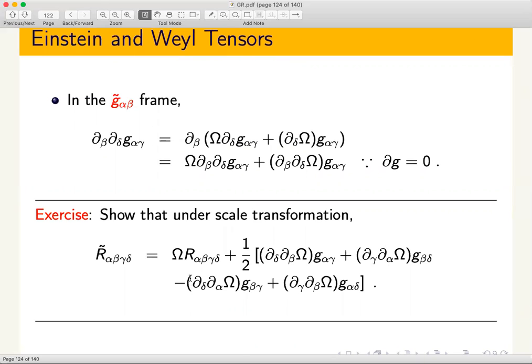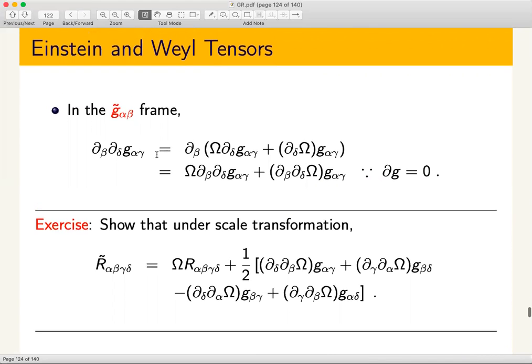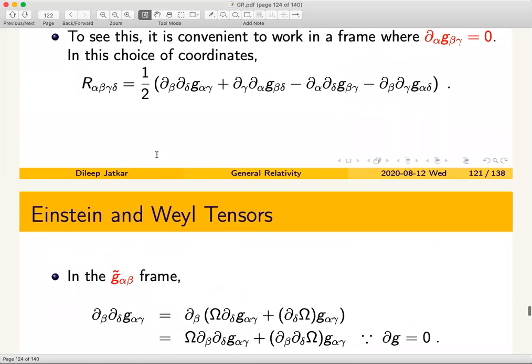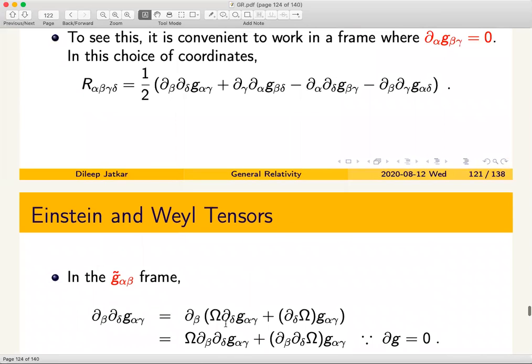Now it's not very difficult to guess that the first term would be like this, simply because when you look at this expression and plug it back into the Riemann tensor form, the first term on the right hand side is omega times the same kind of piece, but instead of G tilde, which is what this should have been, you get a G. So if you had an equation with a G tilde everywhere, there is this one class of terms which are omega times the same class of derivatives acting on g, and similarly here and in the other two terms also.